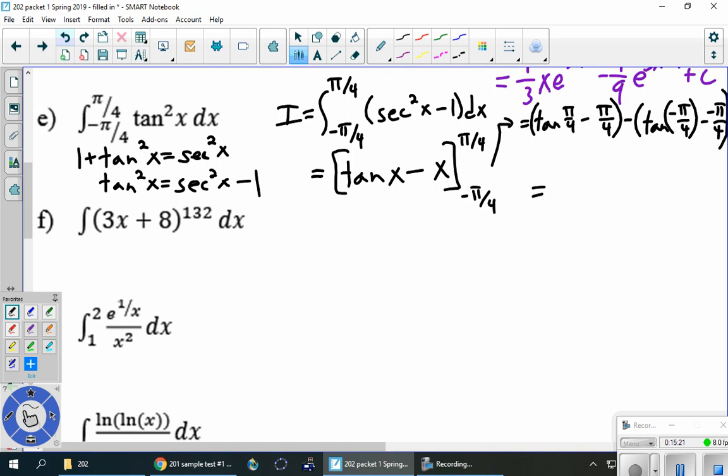Okay, tan(pi/4), that's 1, minus pi over 4, minus tan of negative pi over 4 is negative 1, and then that becomes a plus pi over 4 in the parentheses. And then we'll just combine like terms here. 1 minus minus 1, that's 2, minus pi over 4, subtract another pi over 4 is negative 2 pi over 4, which reduces to pi over 2. So 2 minus pi over 2.